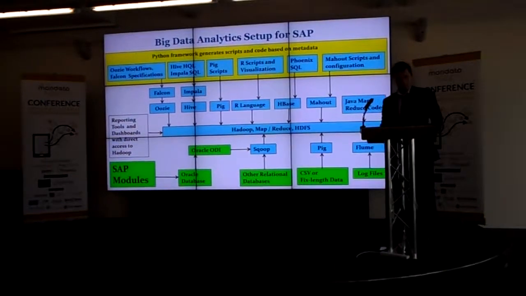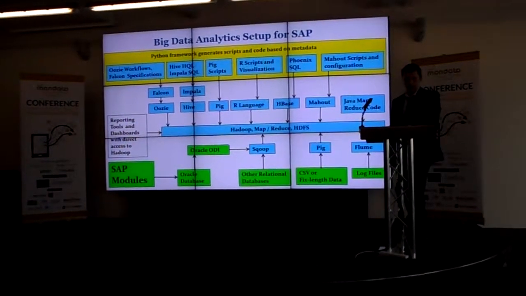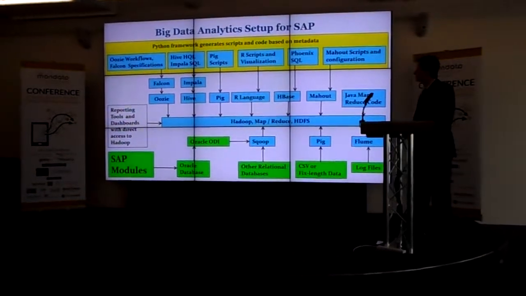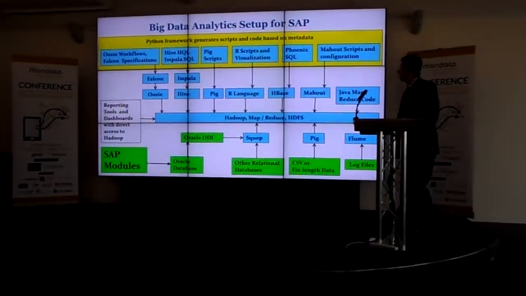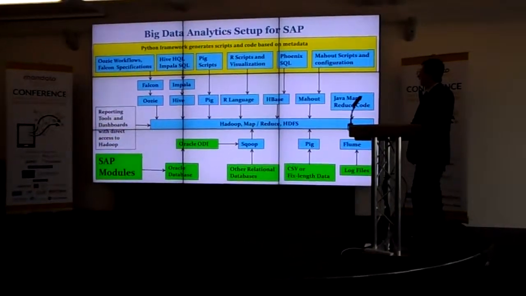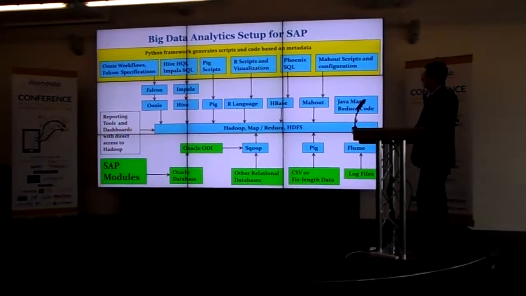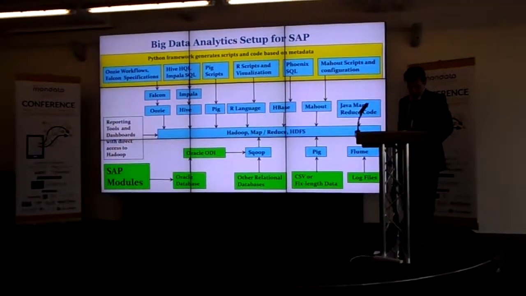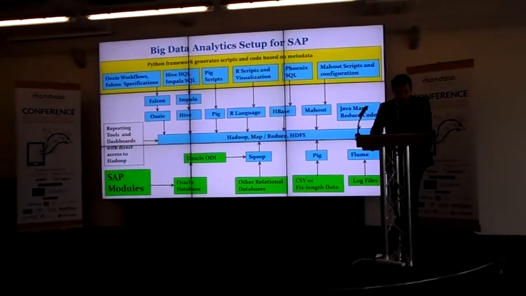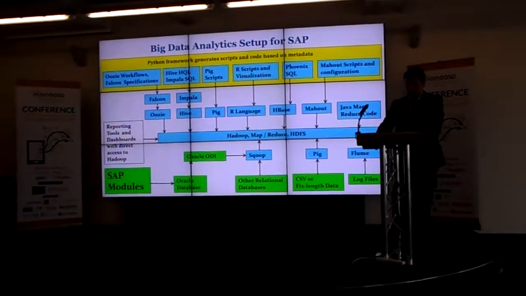Then we can look at a practical big data analytics setup for SAP. As you see in this picture, there are all these different components that are used in big data. I can go through it. The SAP system has many modules, SAP CRM, SAP FI, and many more.